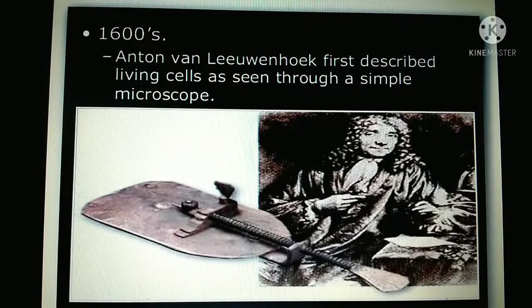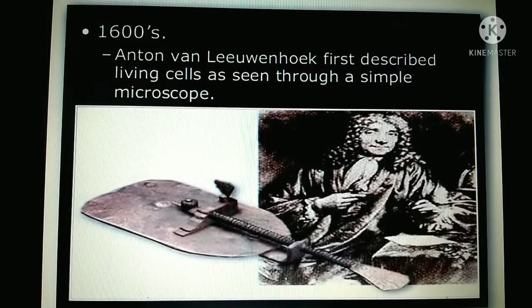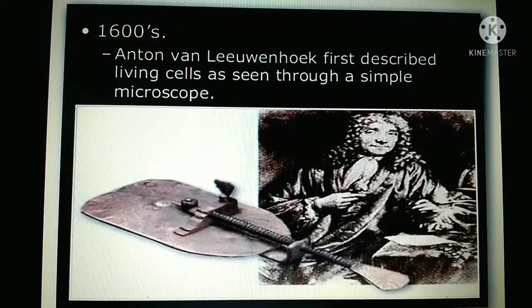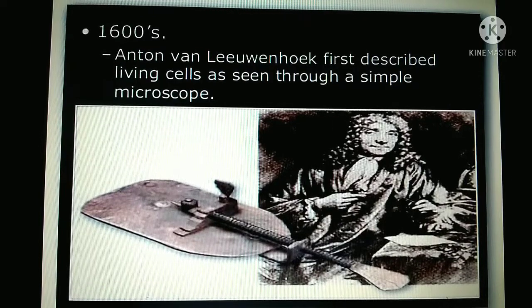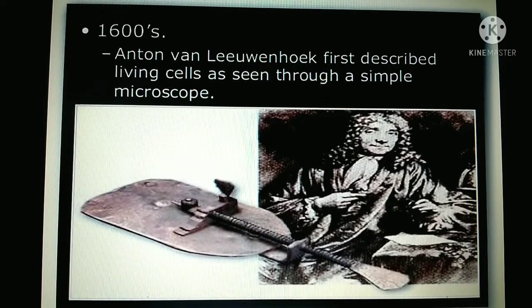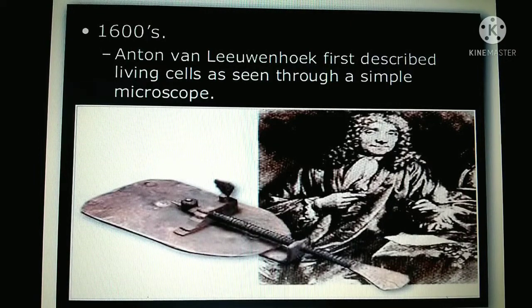Another scientist who contributed to the discovery of the cell was A. V. Leeuwenhoek, or Anton van Leeuwenhoek. He first described living cells in the form of free cells, which are called bacteria.